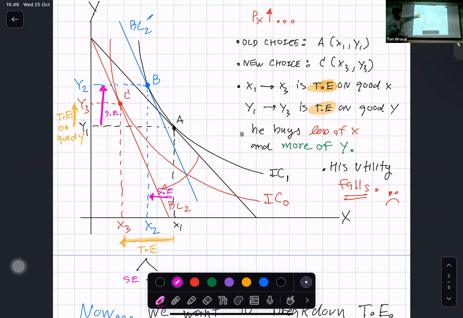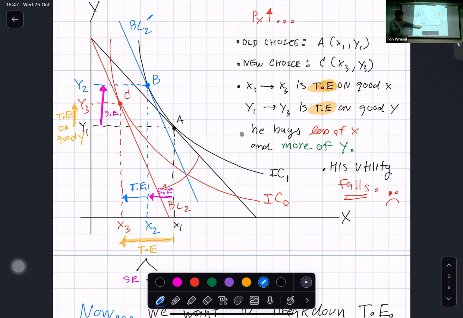Now B to C, it's the income effect. I use another color. B to C on good X is X2 to X3. IE: when he becomes poorer, he buys less of pizza too. So SE and IE on good X, pizza, move in the same direction, driving him to buy less of pizza.